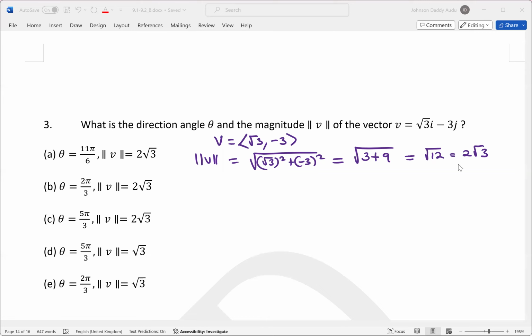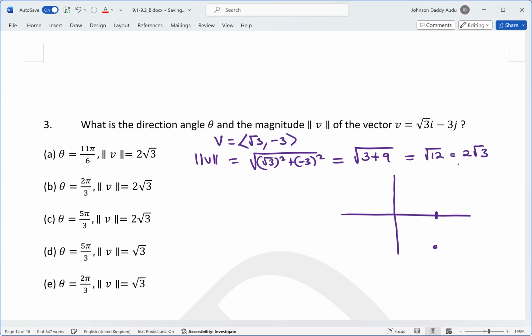All right, for direction, how do we find direction? First of all, we need to know in which quadrant this vector is. So this is going to be in the fourth, because the terminal side is going to be this way. And here is -3, here is root 3, right? So this is going to be theta. This is for magnitude.